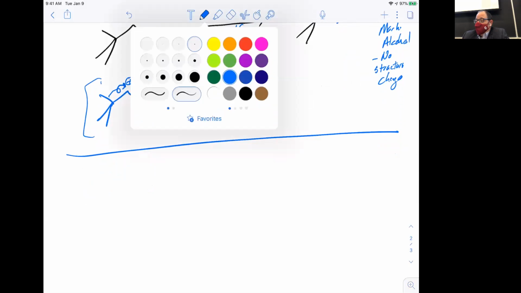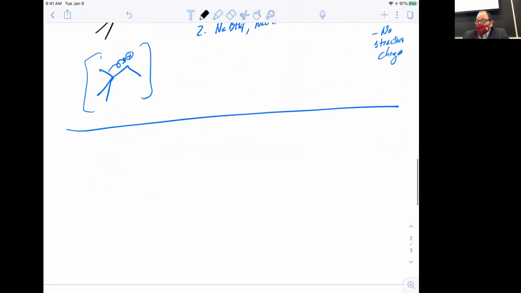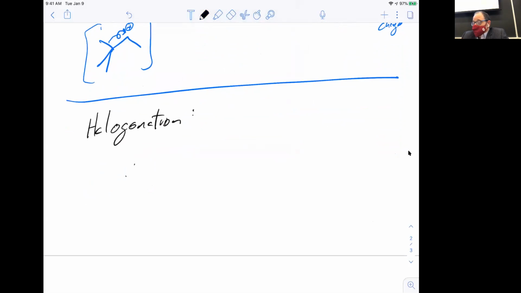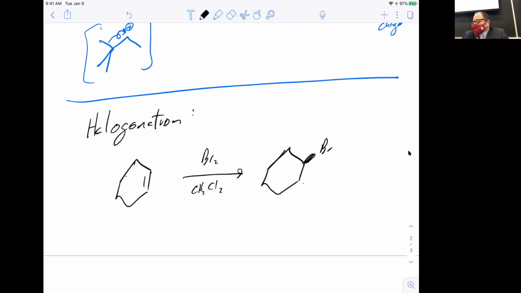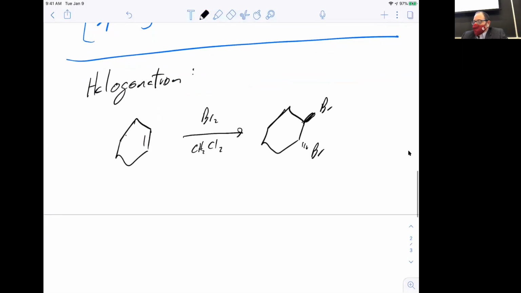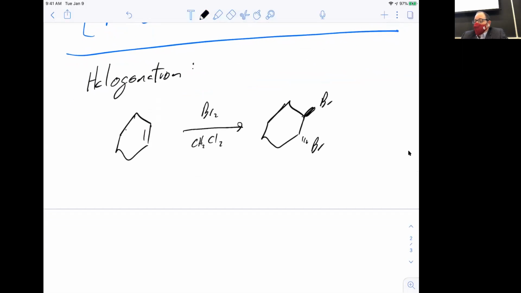All right, questions about oxymercuration-demercuration? Next reaction, halogenation. So we're going to do halogenation.